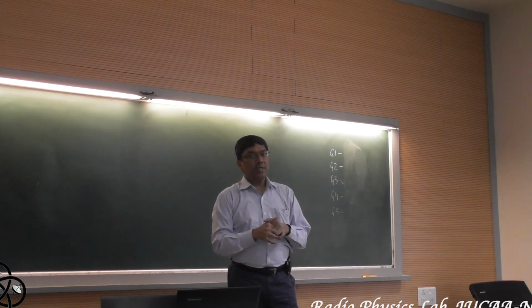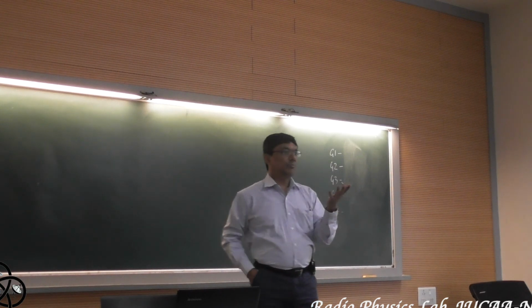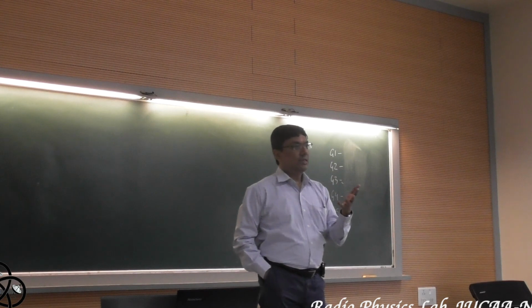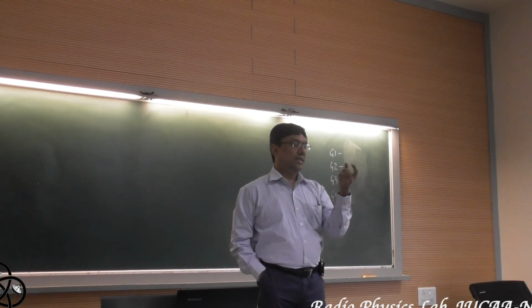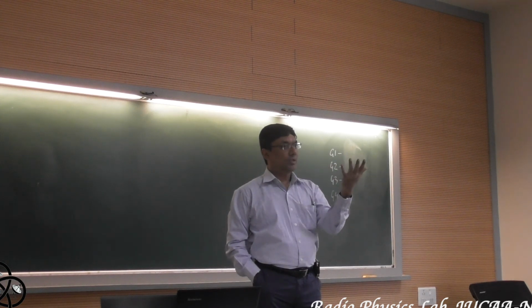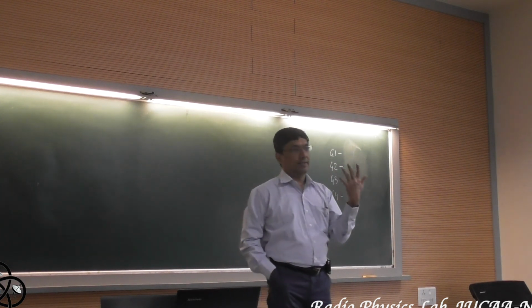So it's an optimization problem. Supposing I had n antennas, how should I arrange them such that the nC2 combinations give me the maximum number of vectors spread out on the 2D plane?